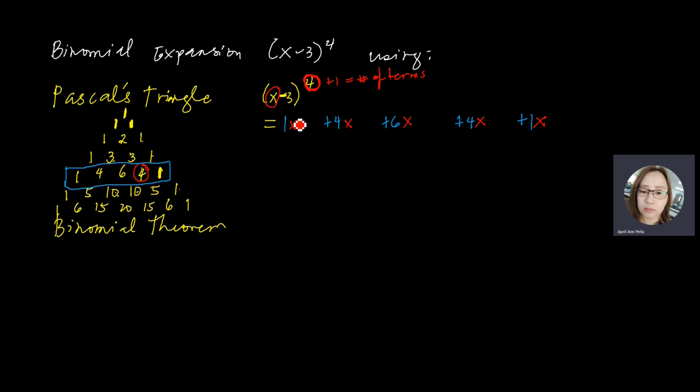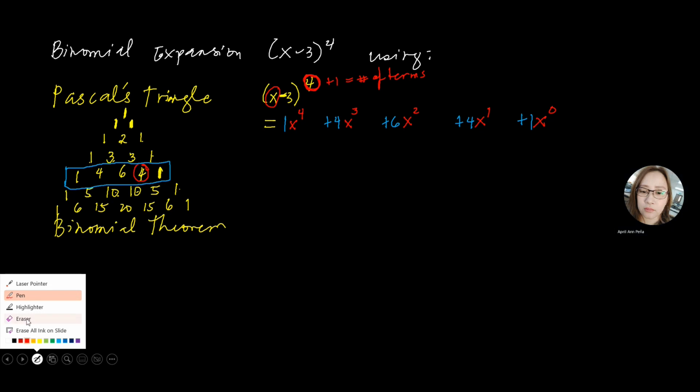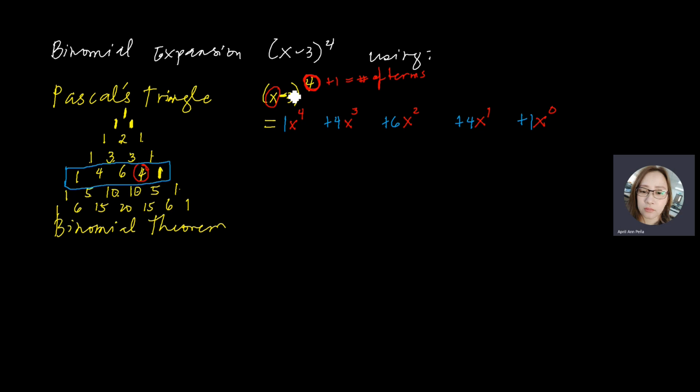If you read the learning activity form, the exponent of the first term will be the given. So you start with the given, which is raised to 4, and then it will be decreasing. So we do have 3, 2, 1, 0. Next, you are going to copy the second term, which is -3.